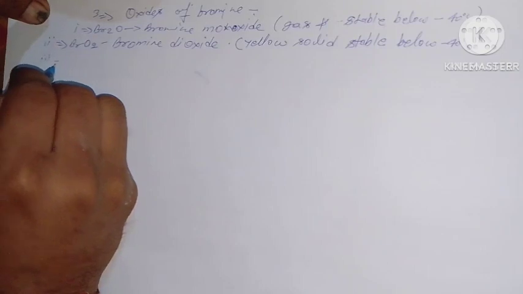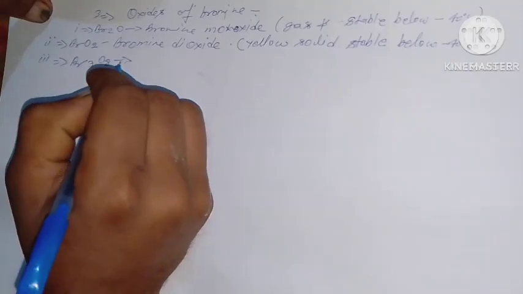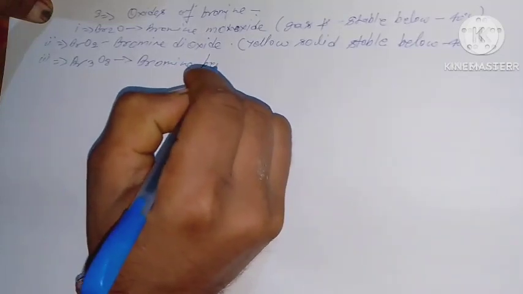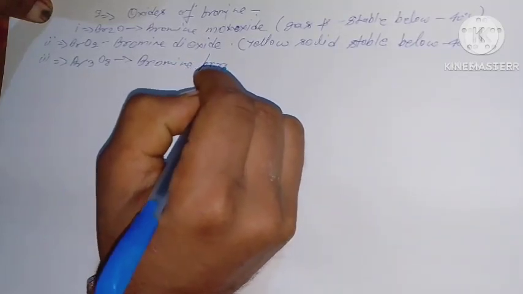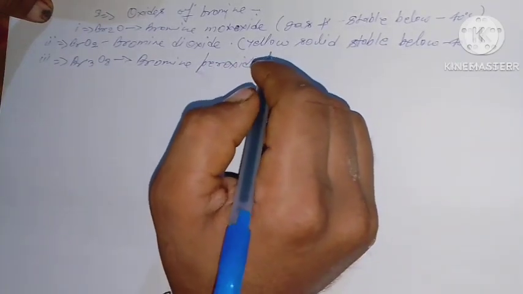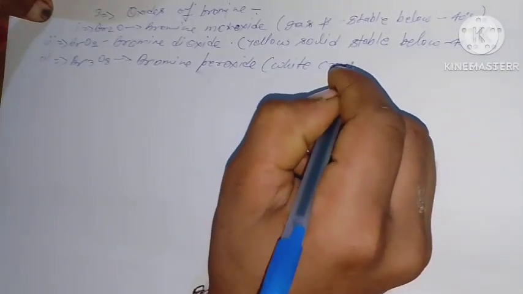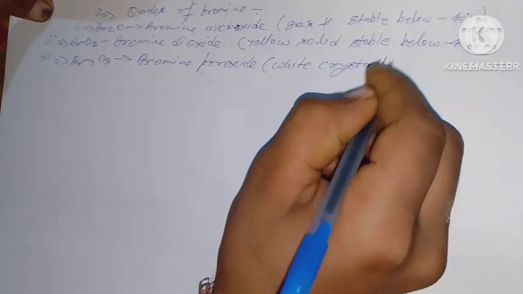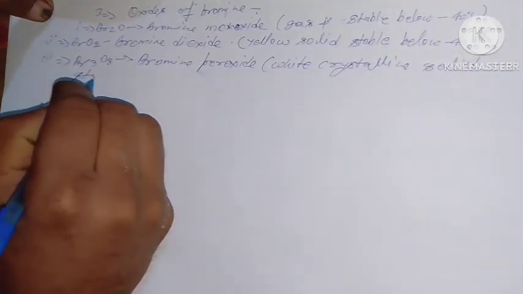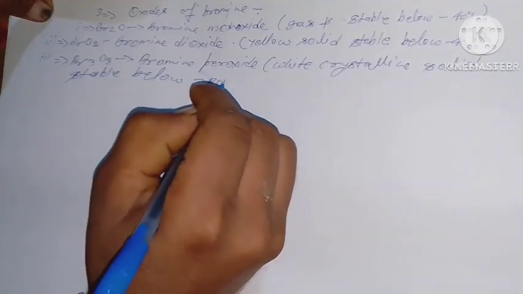Third point, Br3O8, bromine peroxide, a white crystalline solid stable below minus 80 degrees Celsius.